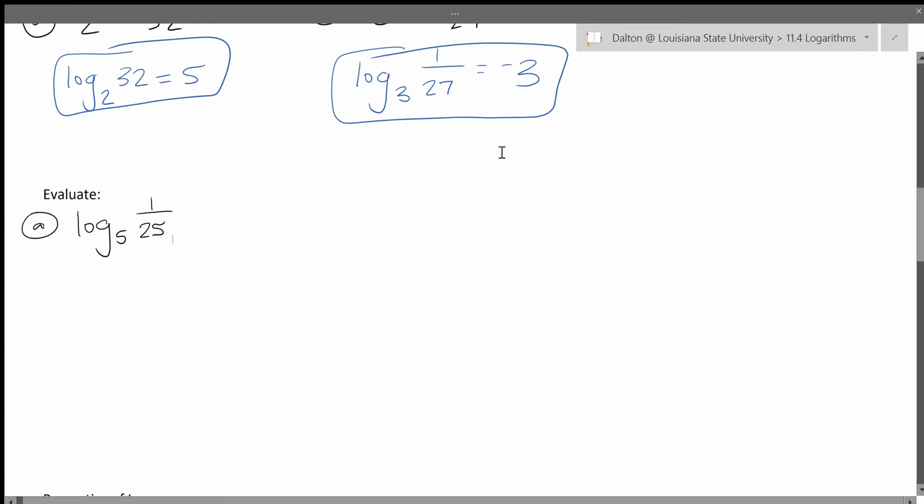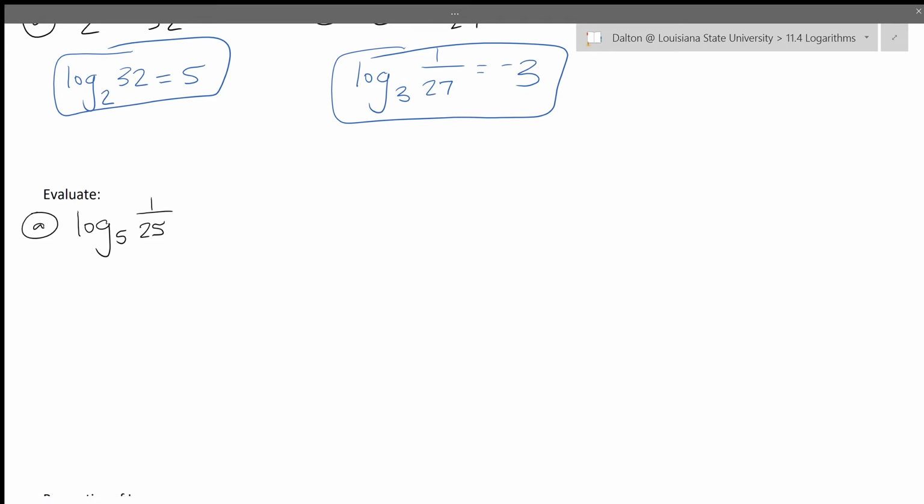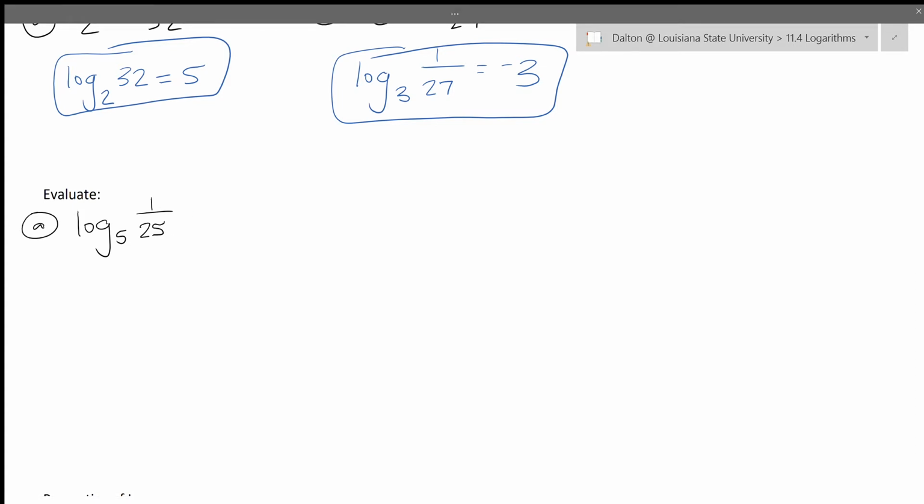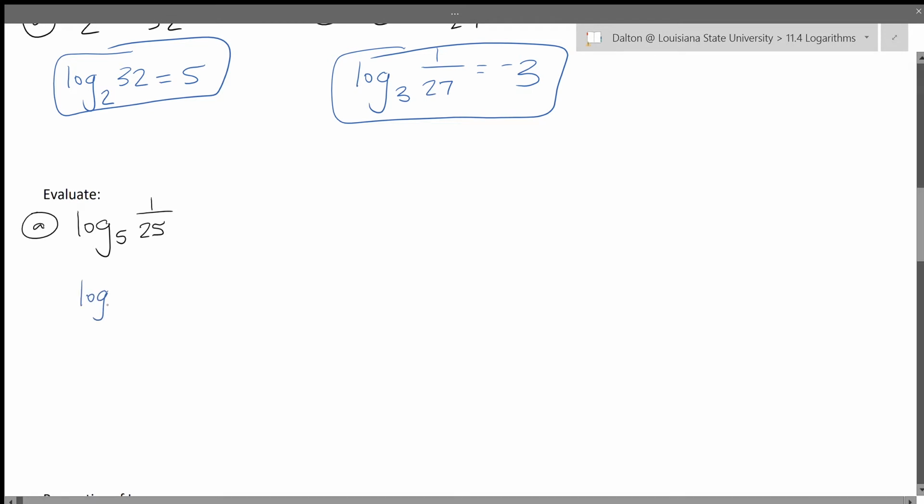So what I would do is anytime I ask you to evaluate, I'm basically asking you what value is equivalent to this. In other words, that's like basically me saying log base 5 of 1/25 is equal to what value x.